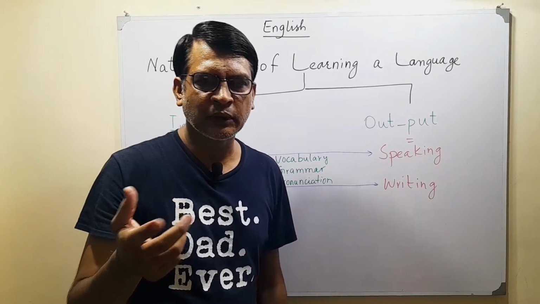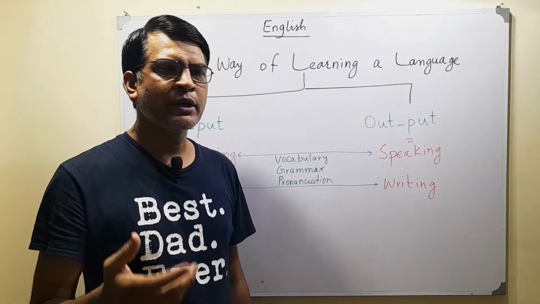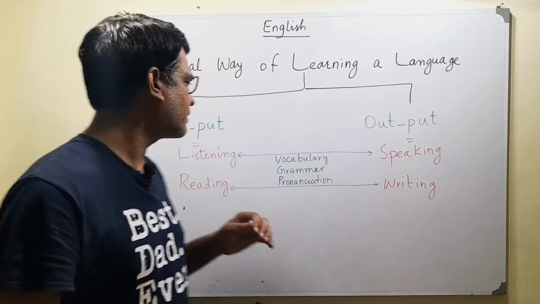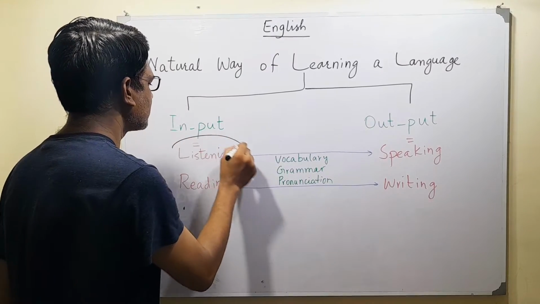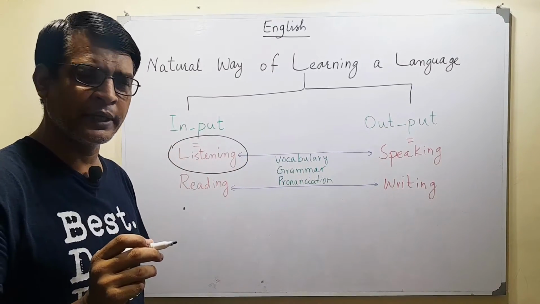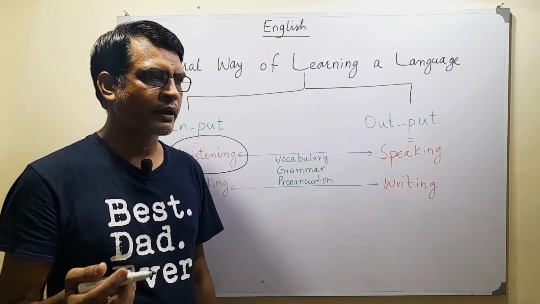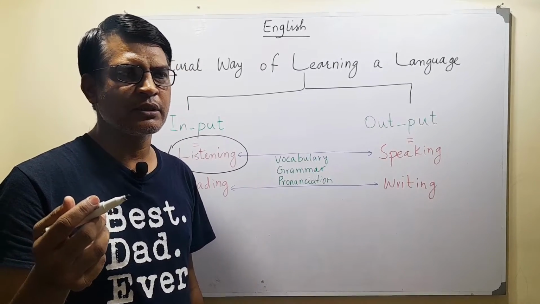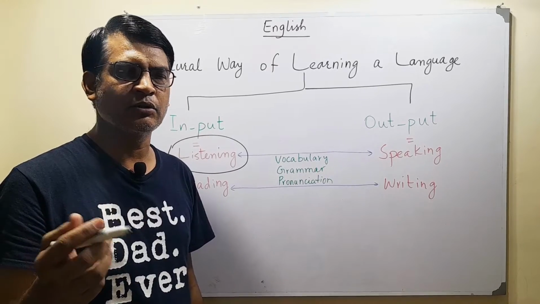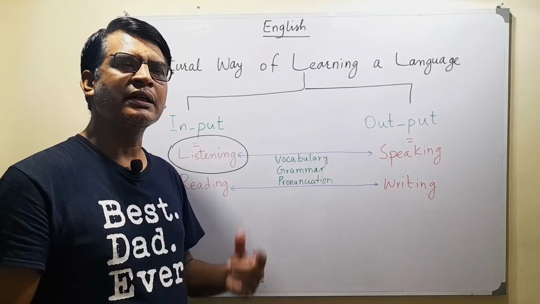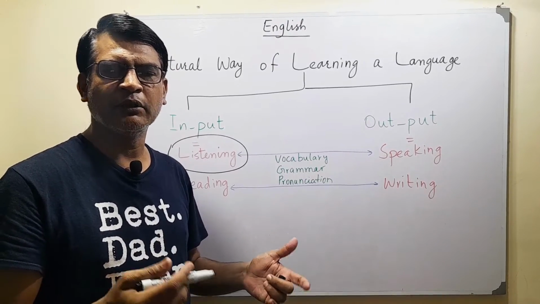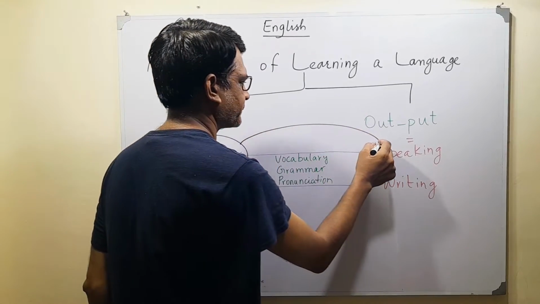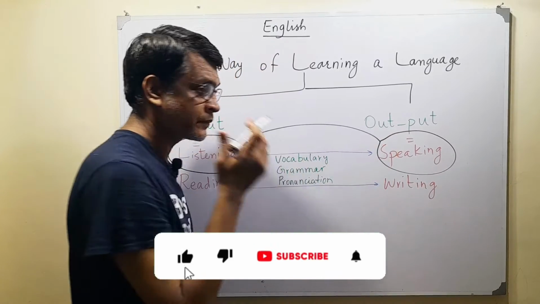For example, the way you have learned your mother tongue, the very first thing that you did was to listen to the language. When you were born, you started listening to your parents, to your siblings, to the people around you, and it continued for a certain period of time until you started speaking, which is the second thing.